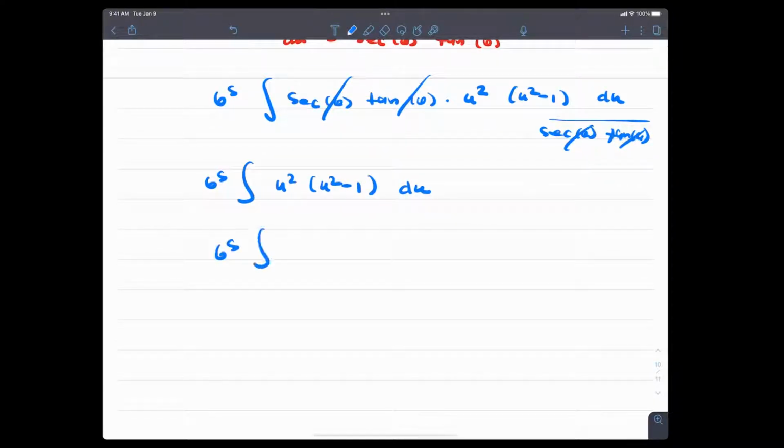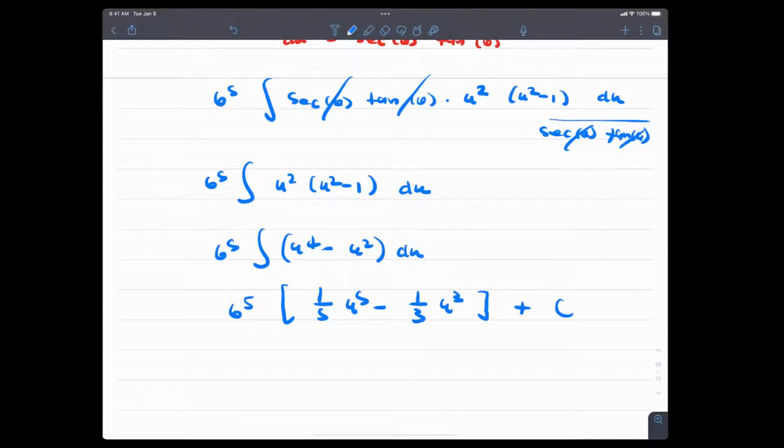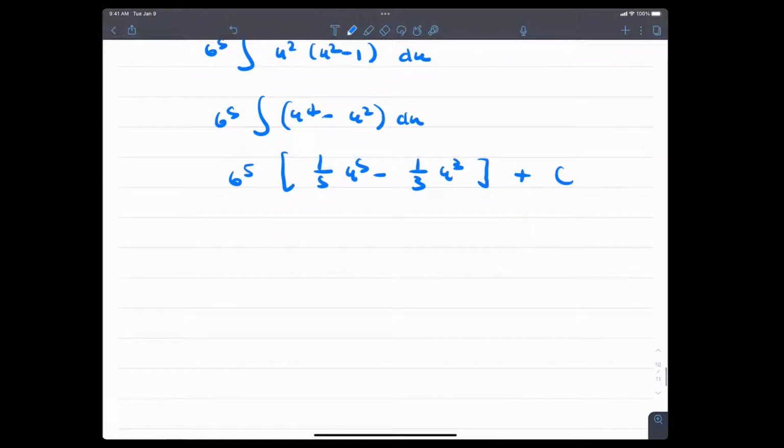6 to the 5th, integrate u to the 4th minus u squared du. 6 to the 5th, 1/5 u to the 5th minus 1/3 u cubed. And I'm going to distribute 6 to the 5th, ladies and gentlemen. I like to get rid of that.